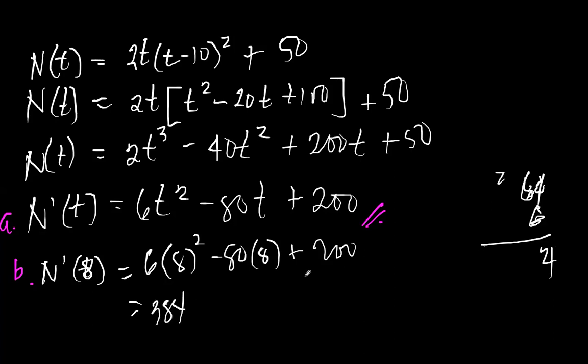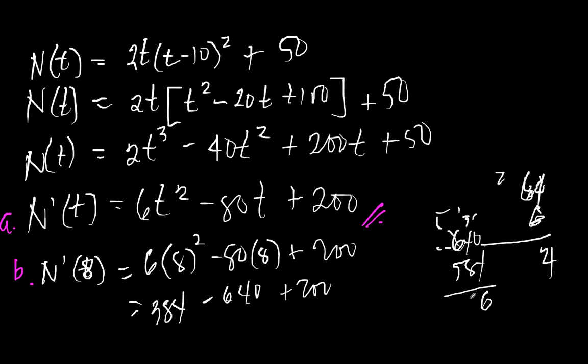384, minus 640 plus 200. So 200 plus 384, that's 584. 584 minus 640 is negative 56.